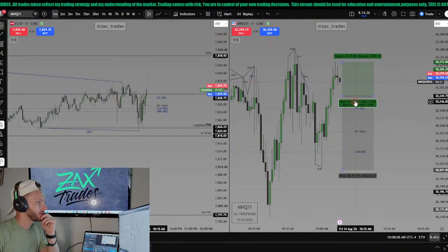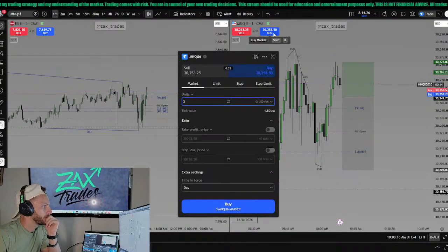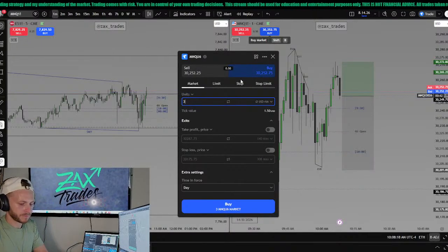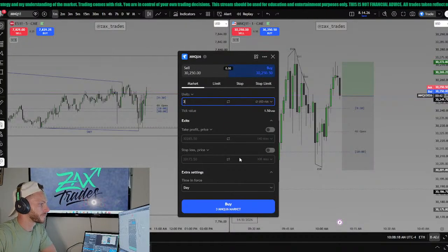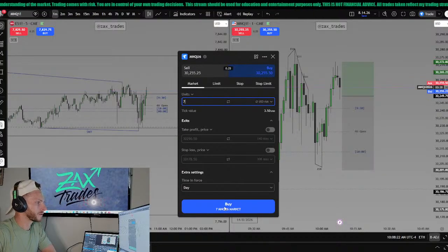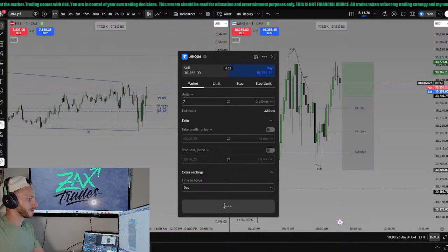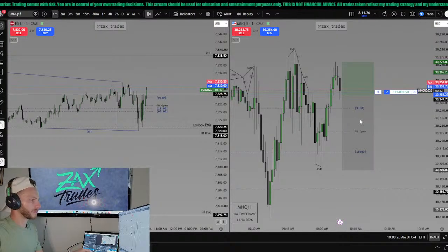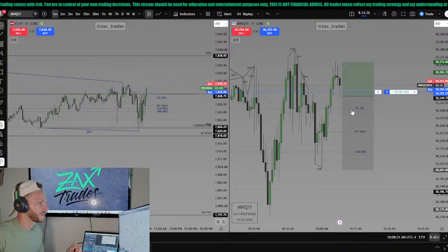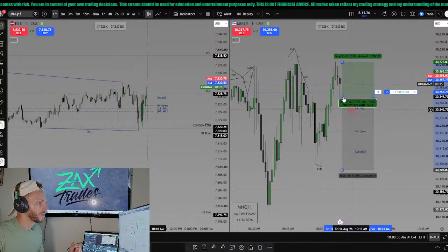If we get it here, all right, there's our EQ bounce. Golly, I think late. Okay, I'm in there.